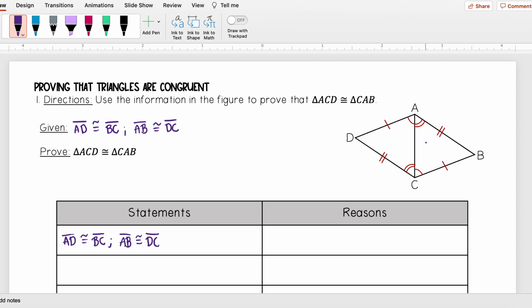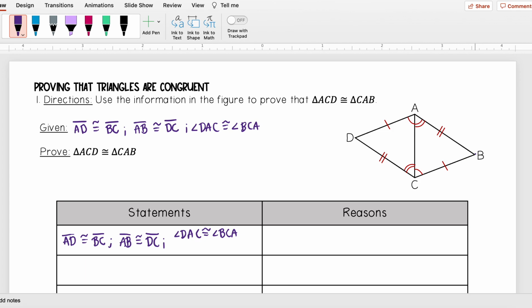And then I see I have some arc marks here. So I see that angle DAC is congruent to angle BCA. That's because they both have the one arc mark.